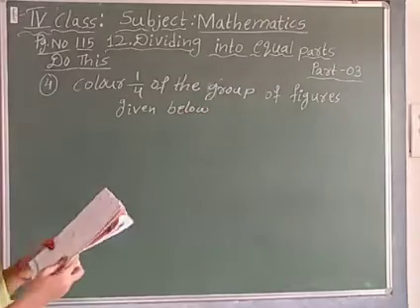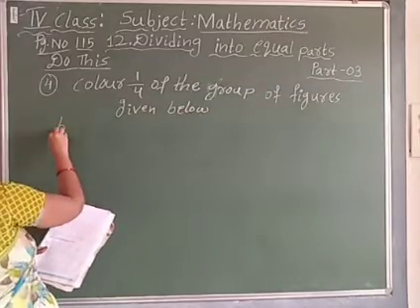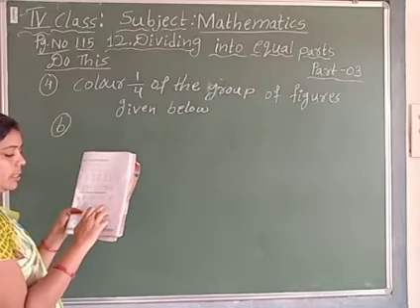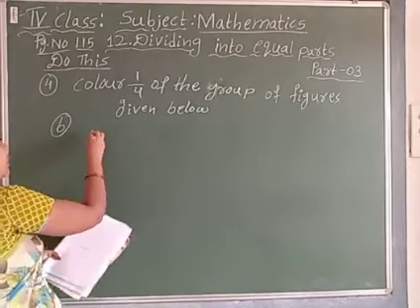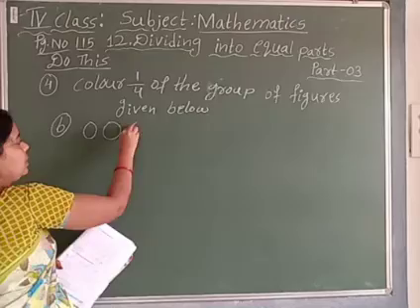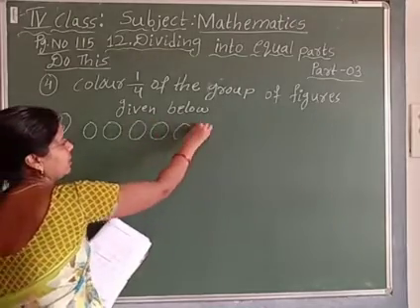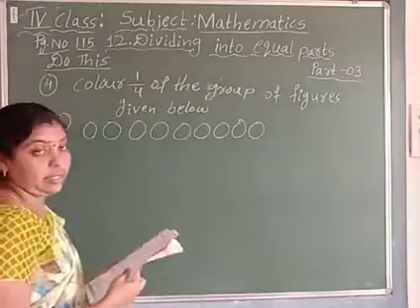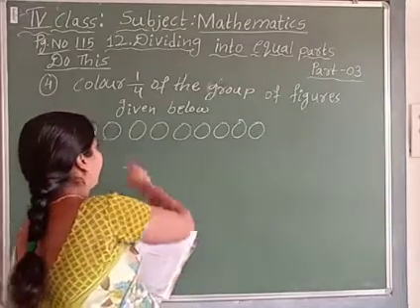See here, B1. How many circles are there here? Let us count now. 1, 2, 3, 4, 5, 6, 7, 8, 16. 1, 2, 3, 4, 5, 6, 7, 8, 9. I will tell one example only. So the remaining parts you will do now.